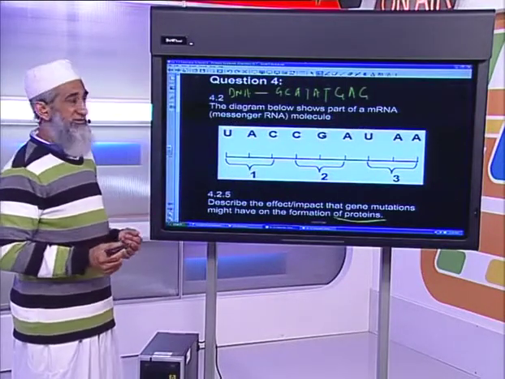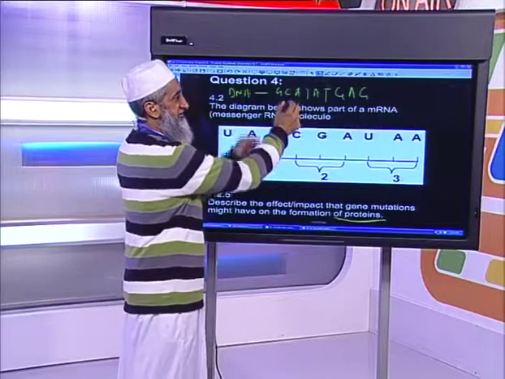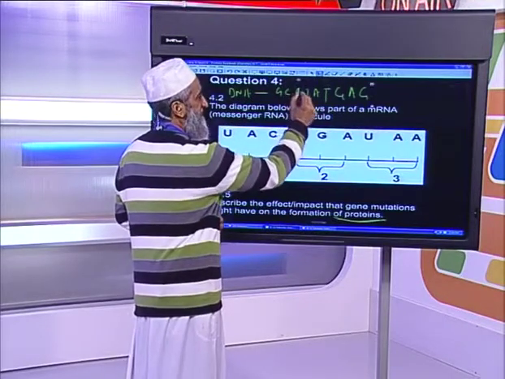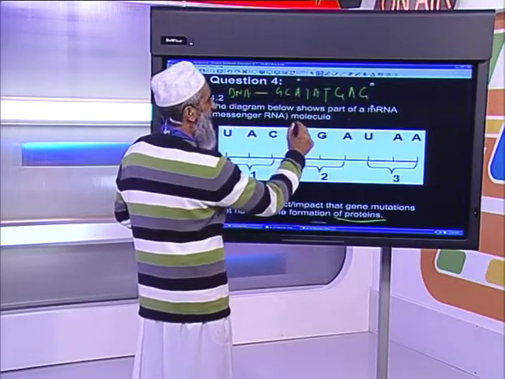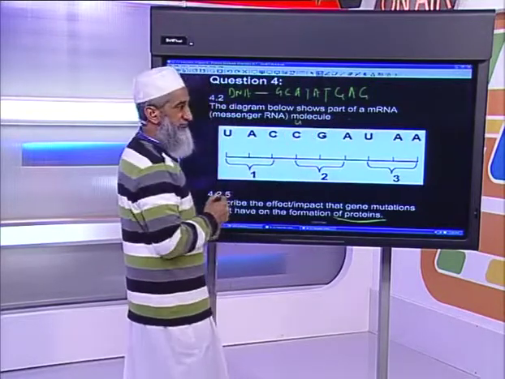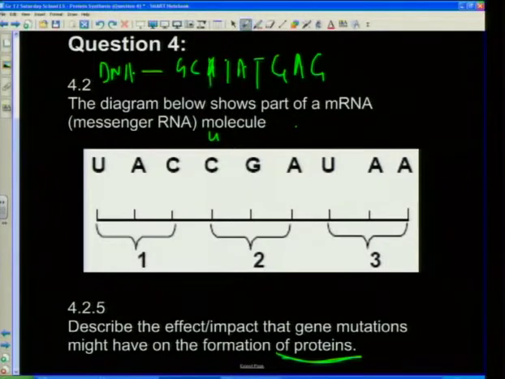And that's simple, guys. Obviously, if the DNA changes, if this A, for example, as we spoke about earlier, was the A, then you would have got a U there originally. But if this A changes to a T, I'm doing it deliberately, that's a mutation, because something has changed on the DNA.